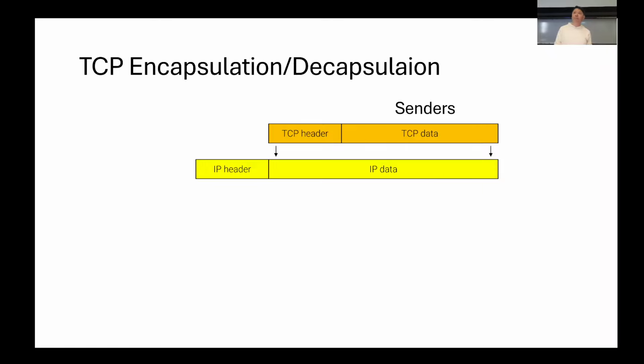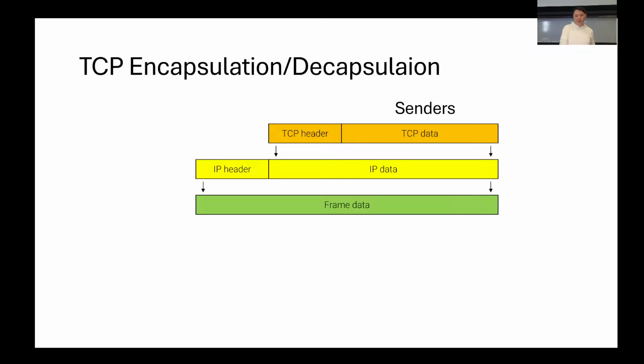So we call that an IP packet. And then those data can be input to the next layer, we call that the Ethernet layer, right? And attach the Ethernet header. We call that a frame. So in the TCP layer, we use the term TCP segment, in the IP layer we use IP packet, and the last one, the Ethernet layer, we use frames, Ethernet frame.